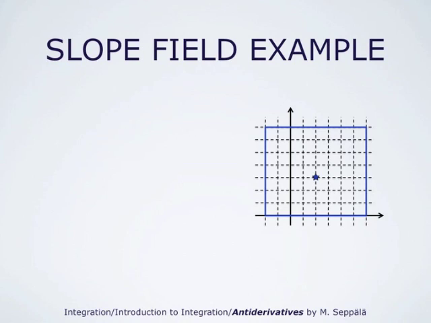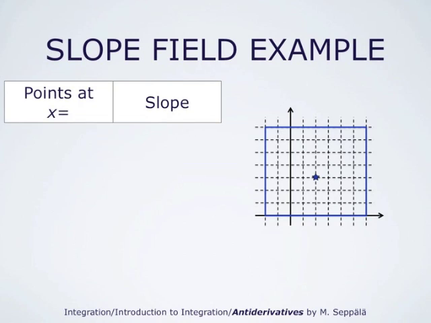Here we have our viewing rectangle with the grid and the point of interest indicated by the blue star. We form the slope field simply by first computing the slopes, that is the values of the function. We computed those already on the previous table. The function was x squared minus 1. Its values, that is the slope of the slope grid arrows that we will eventually draw, is 0 if x equals -1.